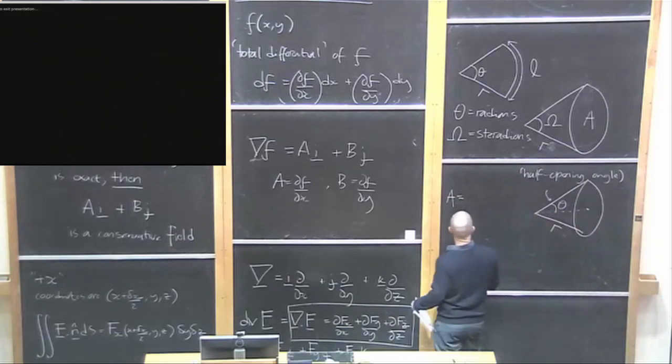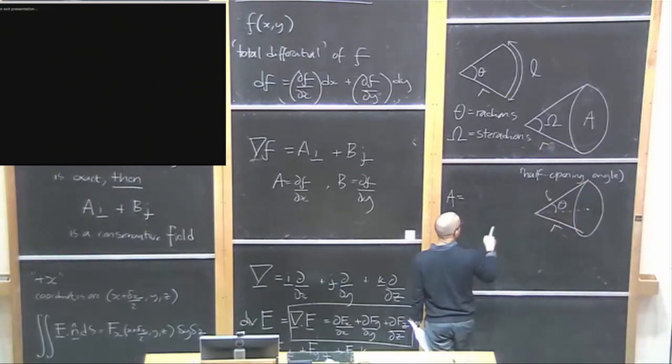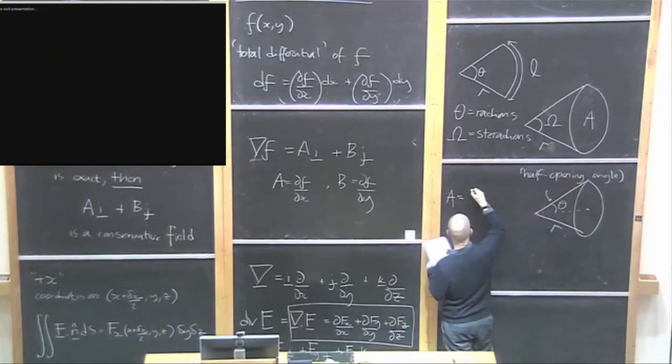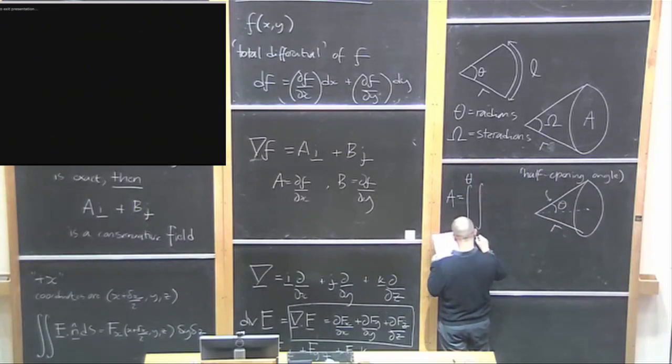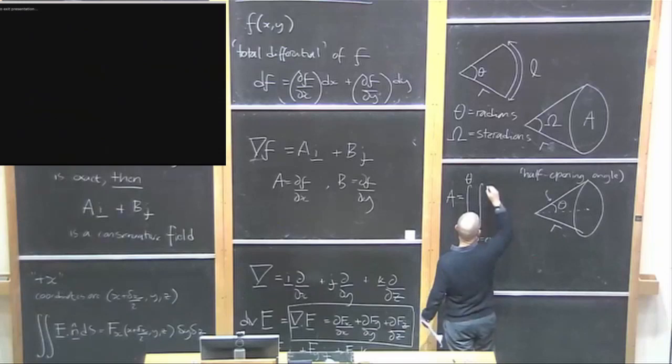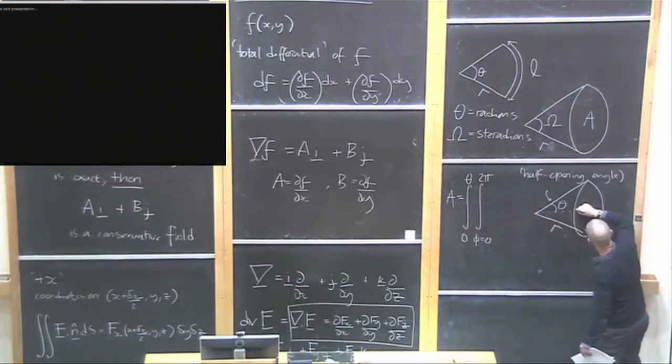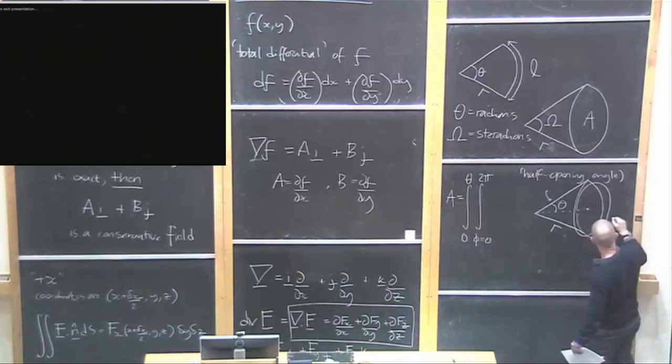And this is my length r here. Then the area of the cap of this 3-dimensional cone will be the integral between 0 and theta, and the integral over phi, my azimuthal angle, between 0 and 2 pi. So phi here is my angle going round here.